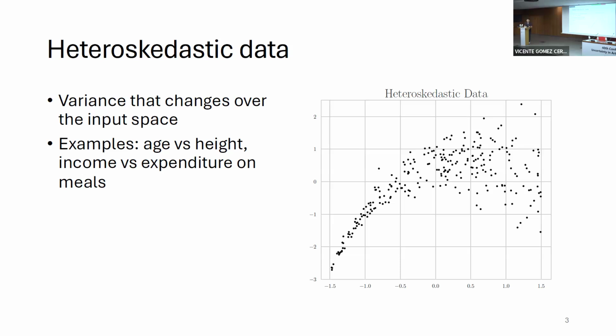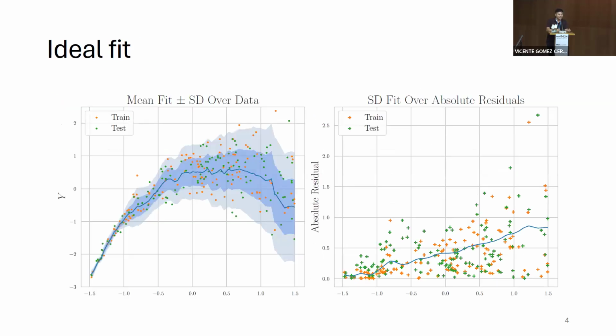What we can do is try to model a mean and try to model a variance separately. And then hopefully, if they're both adaptive over the space, we can get a nice fit that could look something like this. On the left, we're looking at a plot of the mean fit with standard deviations, 1 and 2 of them, added and subtracted to it.